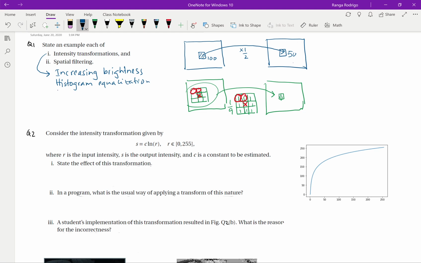Intensity windowing, and contrast stretching are some of these examples. They are all examples of intensity transformations.